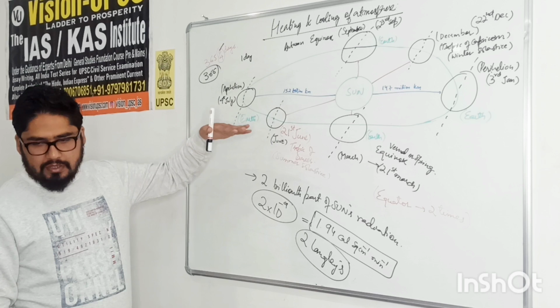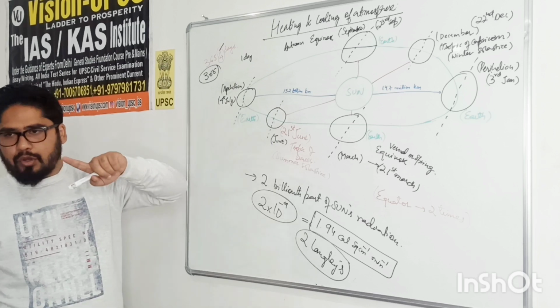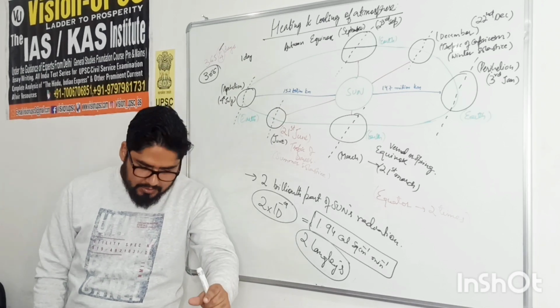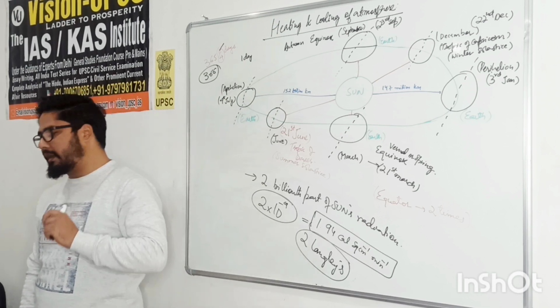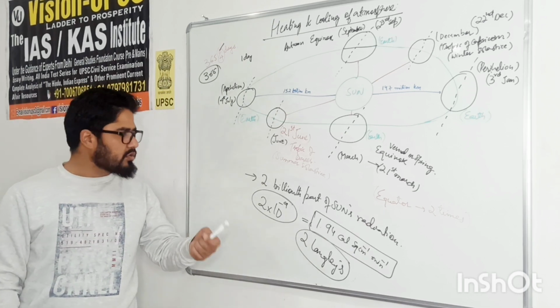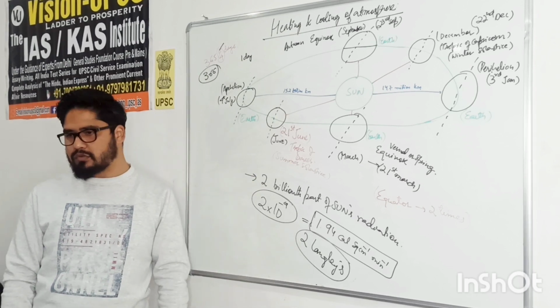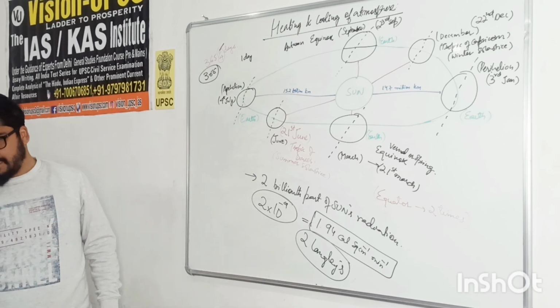At the top of the atmosphere, what we are receiving? 1.94 calories per square centimeter per minute, and that is known as 2 Langleys, and that is also equivalent to the 2 billionth part of the solar radiation.